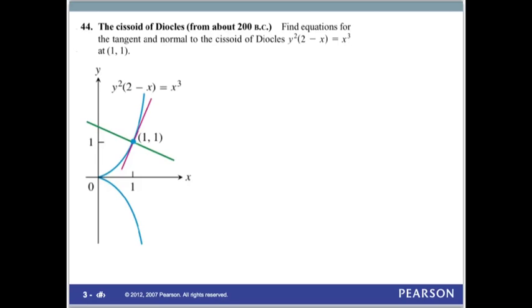Now, going back to the problem we looked at on Thursday, we were asked to find the equations for the tangent and normal lines to the cissoid of Diocles.